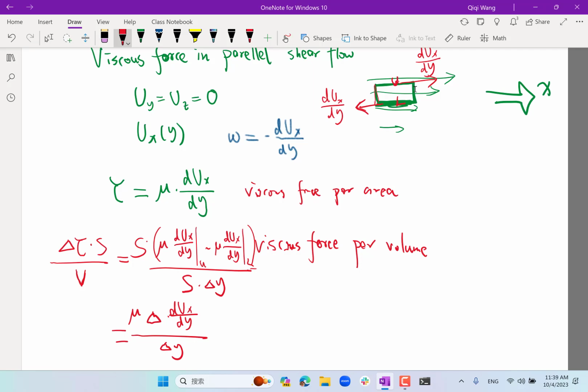right? So it's how fast the velocity gradient changes as a function of y. In other words, it's a derivative of the derivative, or a second order derivative, right?